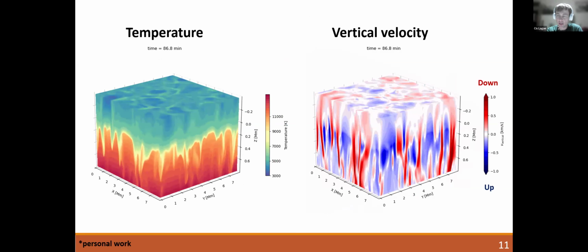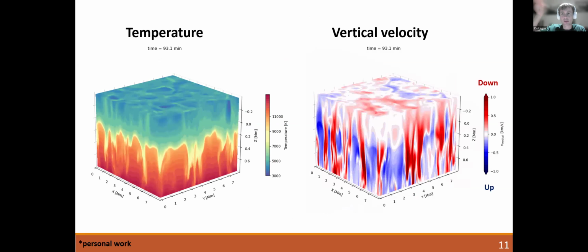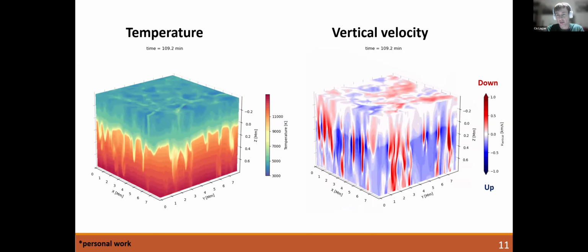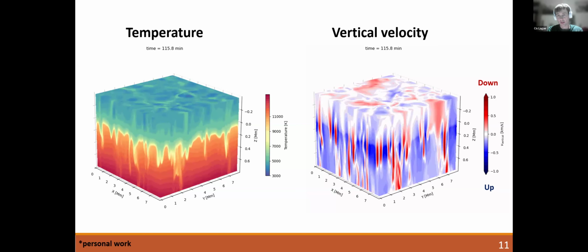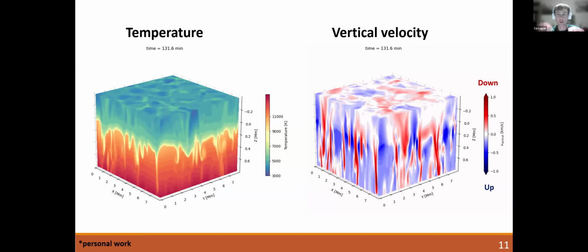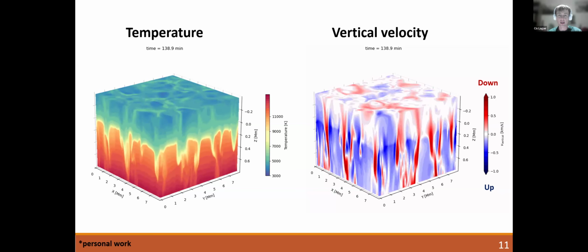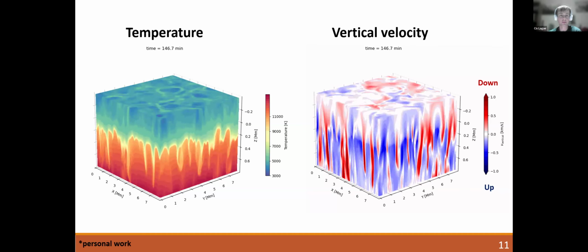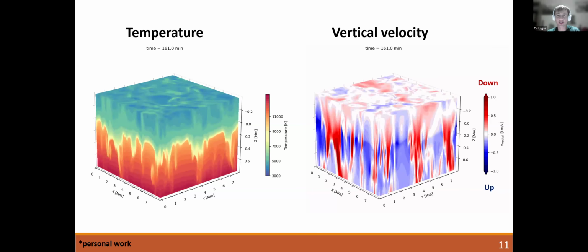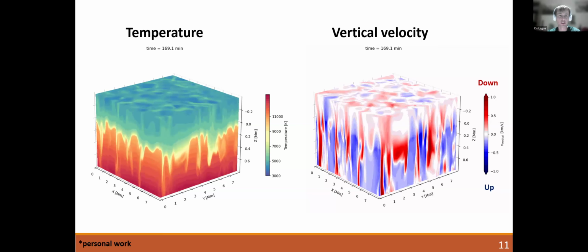The top of the box is around 300 kilometers above the photosphere, and you see that even there the velocity fields are still very, very chaotic as well. So things don't stop moving at the surface. They keep going. So these are nice to look at, but it's hard to judge what's happening.